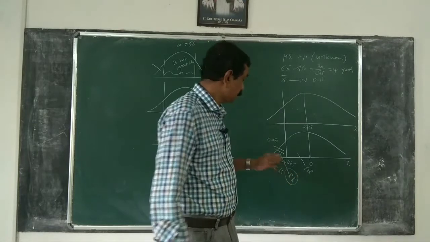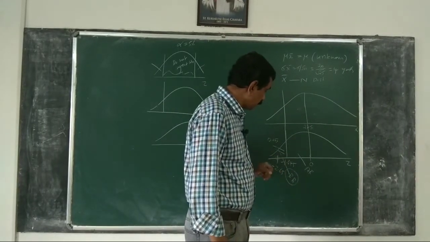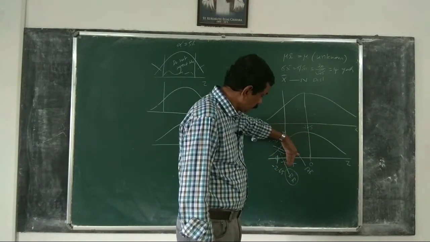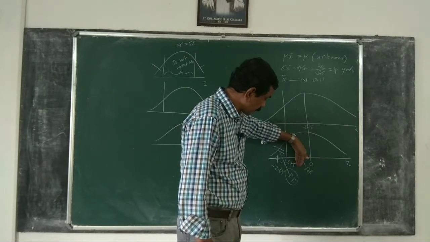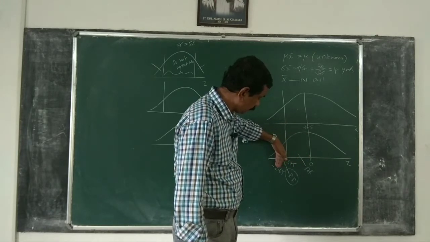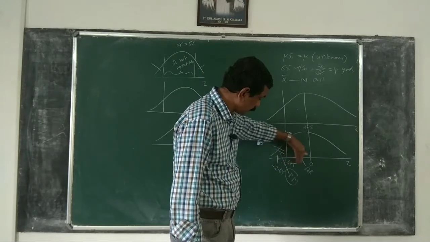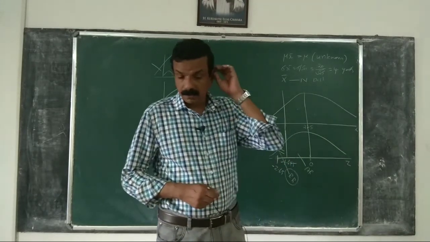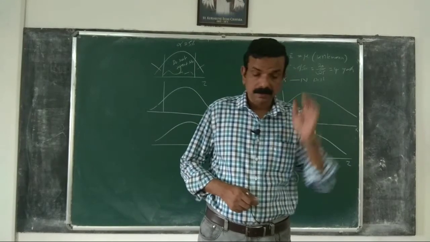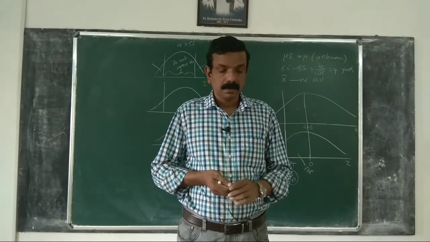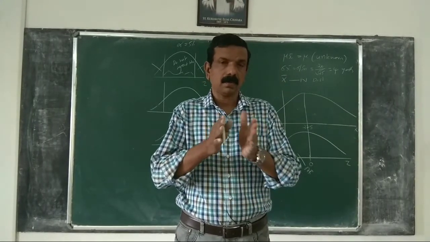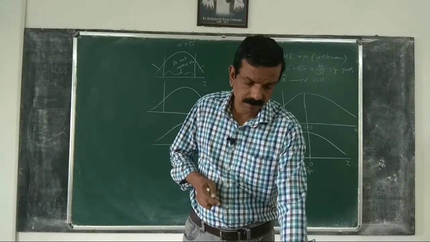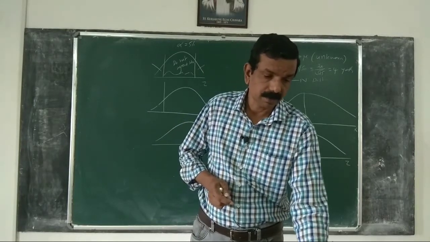If alpha is 5%, this. If alpha is 10%, it will come here. If it is less than 5%, it will be extended like this. Now, let us see how we obtain the critical values. Obtaining the critical values is very simple.